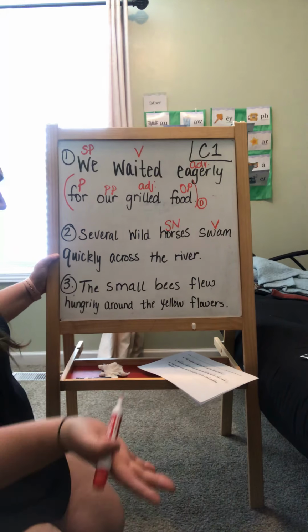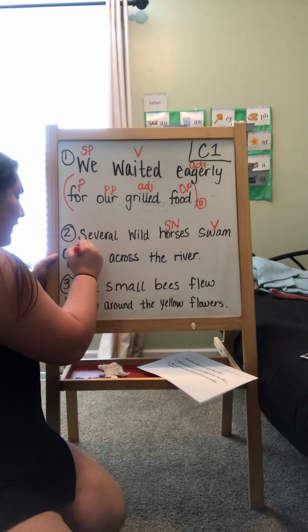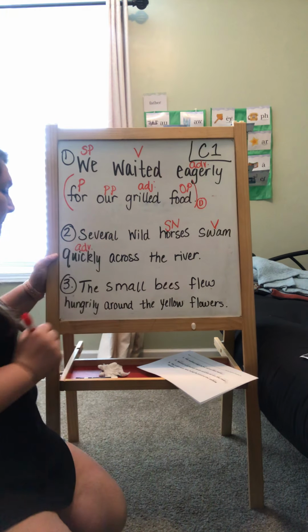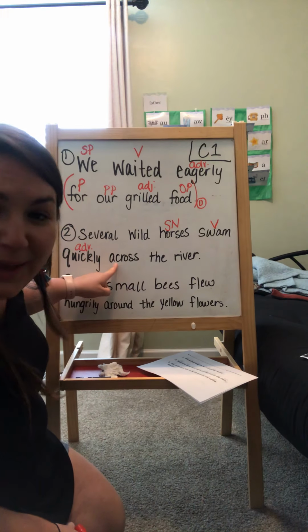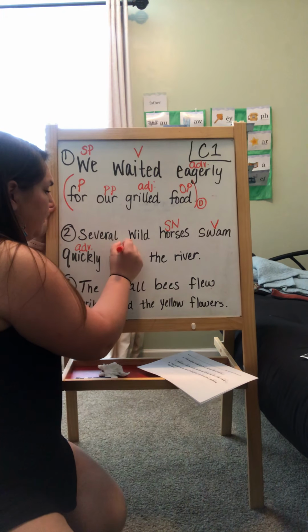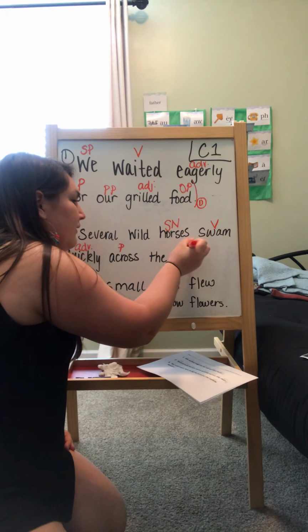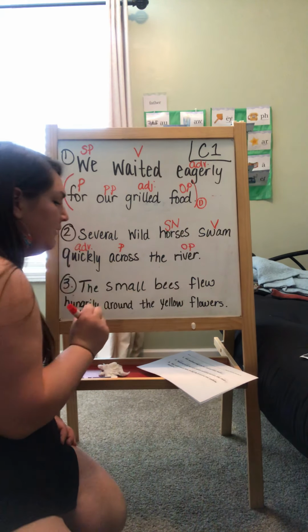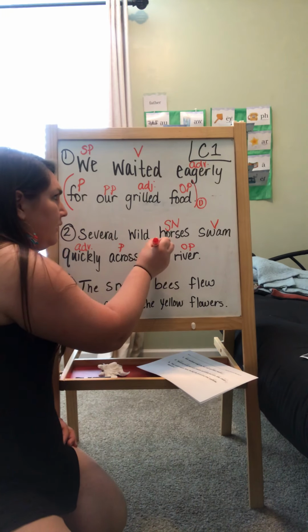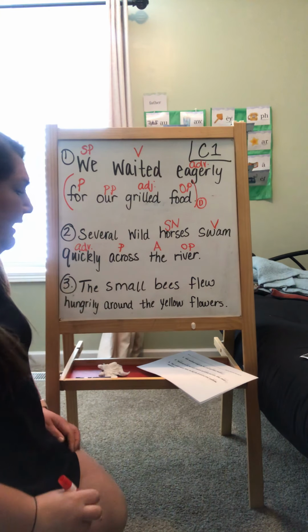Swam how? Quickly, adverb. Across, preposition. Across what? River. Object of the preposition. The article, adjective A.